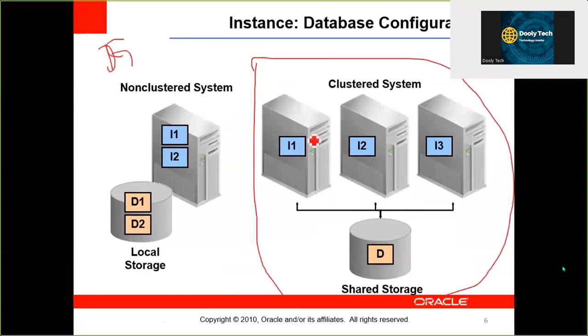RAC is for instance failure only, not for data center loss. This is my primary database. In the event that this entire thing is lost, the standby database, as we call it, running in another country, will become primary. So to that extent, Oracle supports high availability.